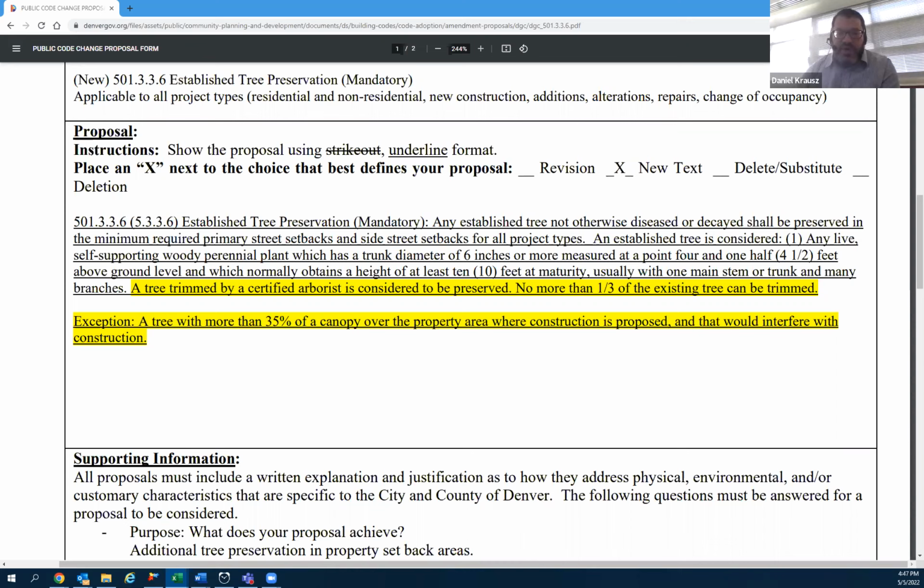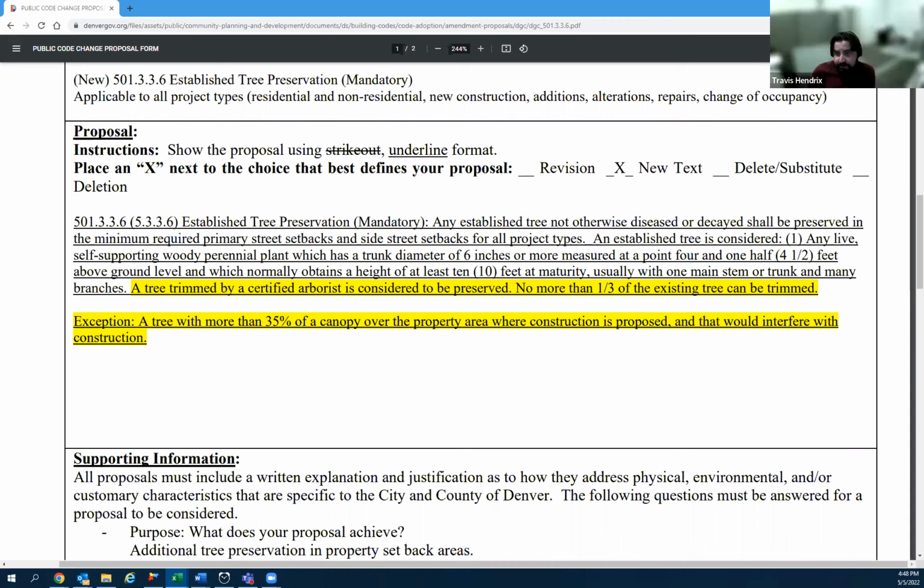But again, it gets fairly detailed because they want to control exactly what that replacement looks like, where it's at, what species, etc. So putting that in this code, I agree, in this particular section would be complex, but it is something that Denver through a different agency does pursue.